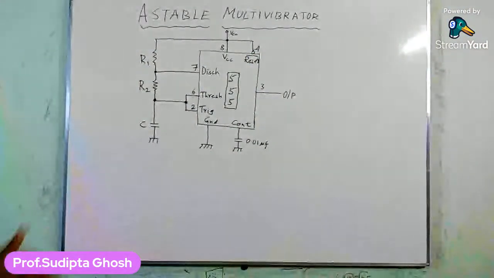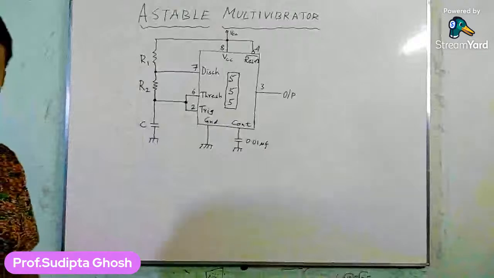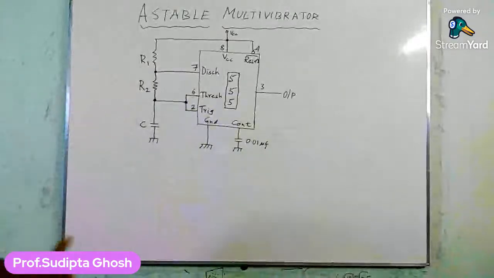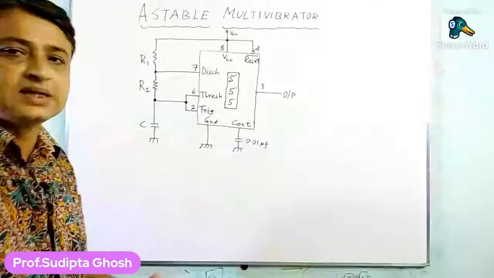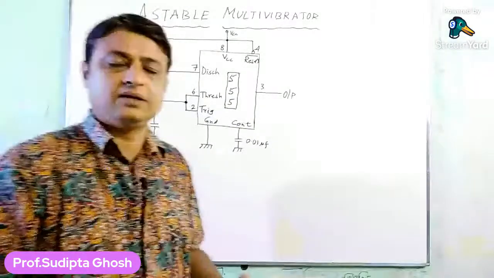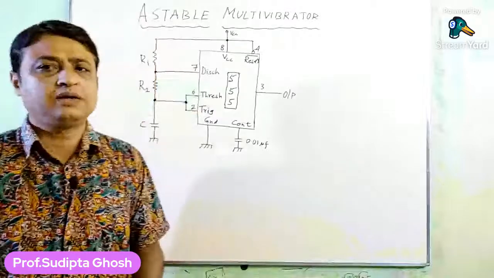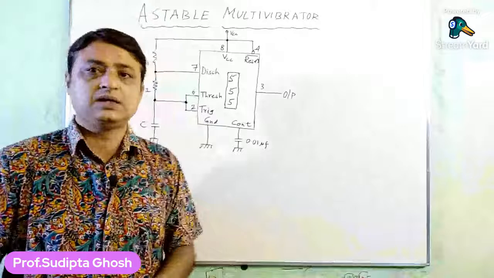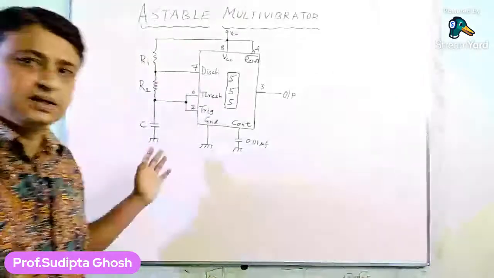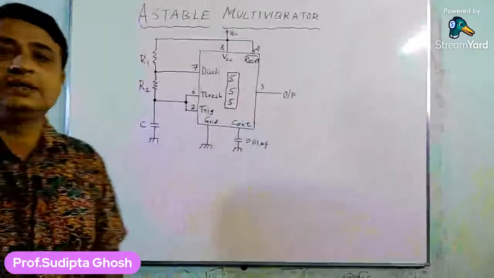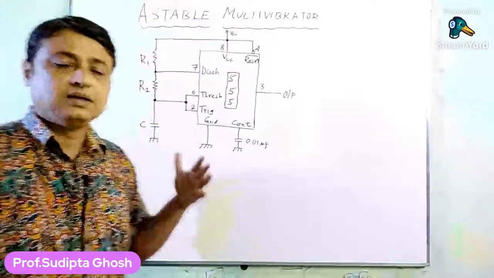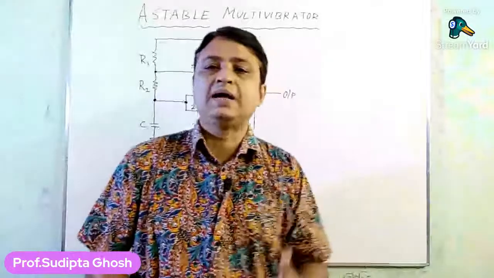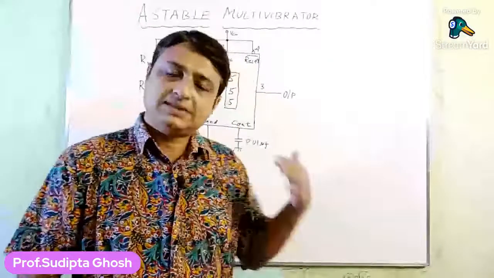Here two resistors, R1 and R2, are connected externally to the circuit, whereas a monostable multivibrator has only one resistor and one capacitor. Here the number of capacitors connected is also one, but there are two resistors, R1 and R2, connected externally.